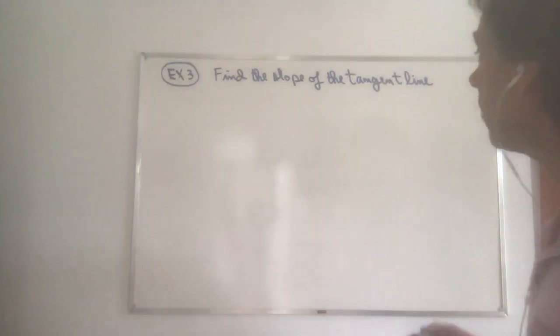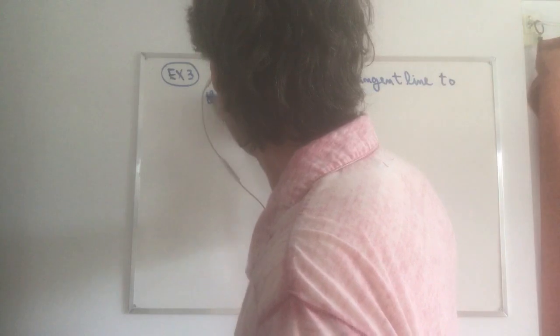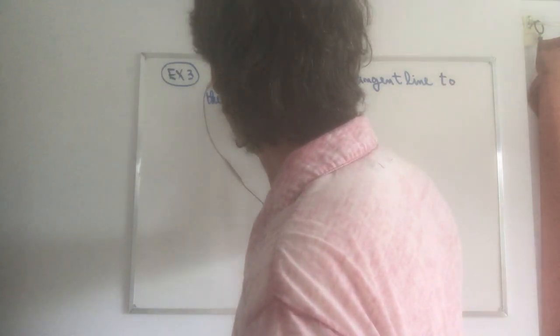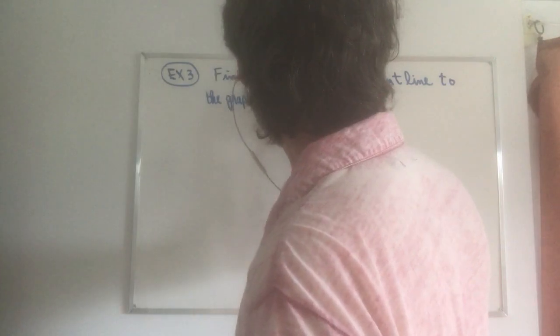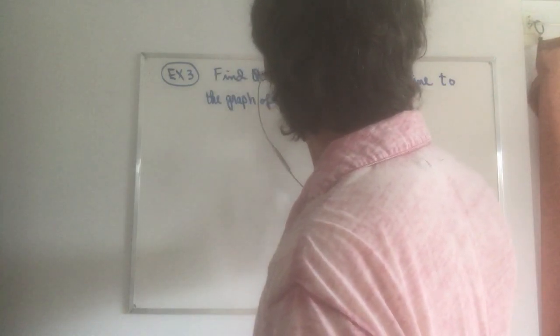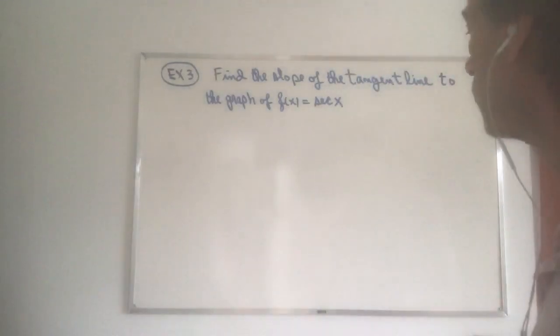Find the slope of the tangent line to the graph of f of x is equal to secant of x. Let's use another function here.